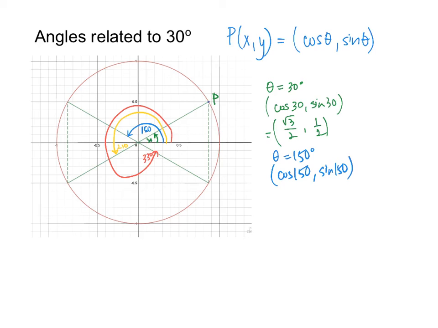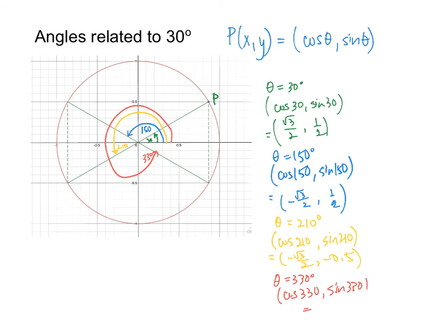The 150 is related to the 30, so I get the x value of negative root 3 over 2 and the y value of 1/2, because we're still above 0 for sine. Now for theta equals 210. We're in the third quadrant, and cos of 210 would be negative root 3 over 2, and sine of 210 would be negative 0.5. And finally, we're going to do 330. So our cos of 330 will be root 3 over 2, because we're in the fourth quadrant, and sine is negative 0.5.